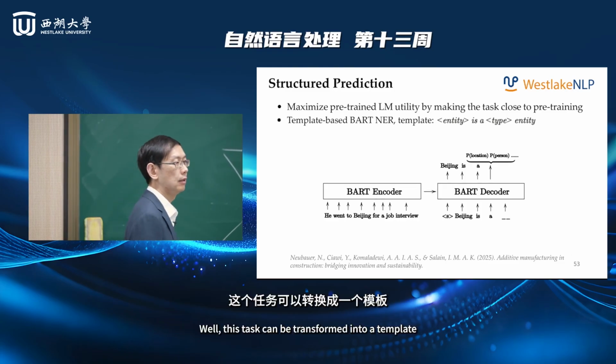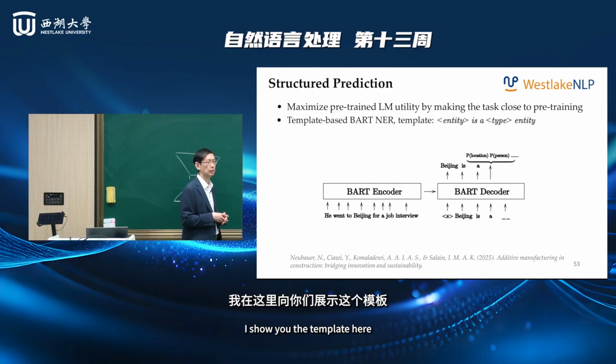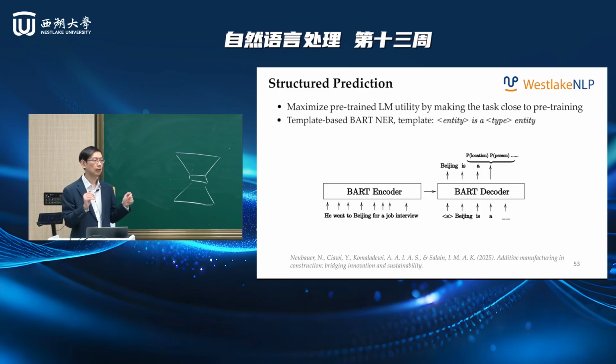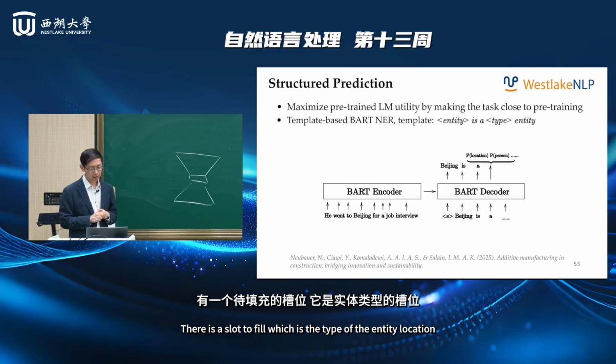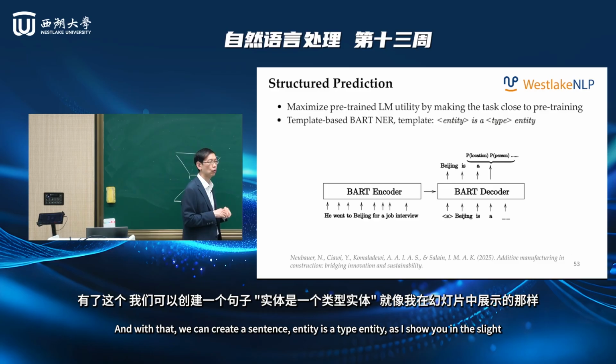Well, this task can be transformed into a template. I showed you the template here. There is a slot to fill, which is an entity slot. There is a slot to fill, which is the type of the entity, location. And with that, we can create a sentence: entity is a type entity, as I show you in the slide.